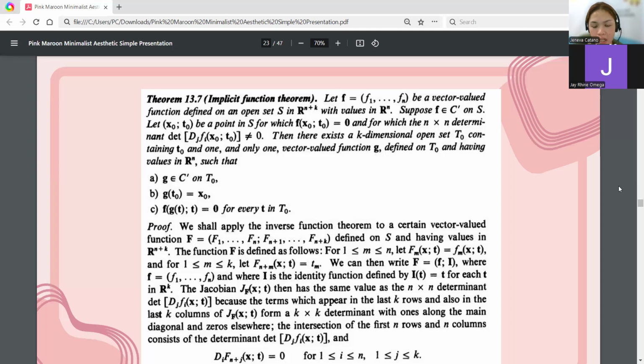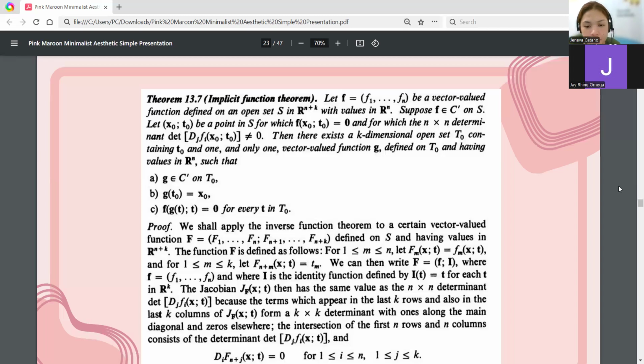We shall apply the inverse function theorem to a certain vector-valued function F equals (f sub 1 up to f sub n, f sub n plus 1 up to f sub n plus k) defined on S and having values in R to the power of n plus k. The function F is defined as follows.